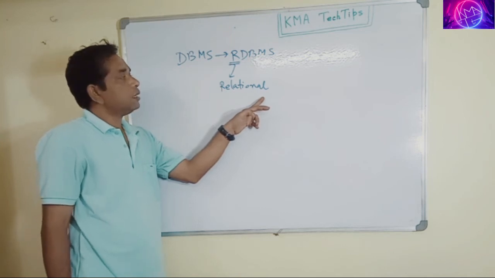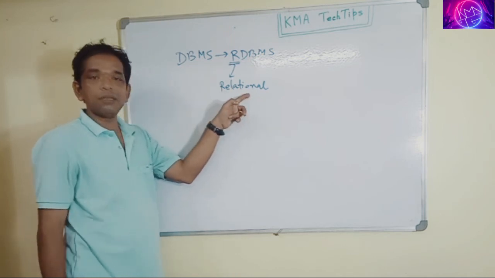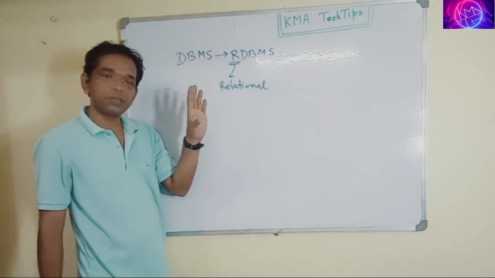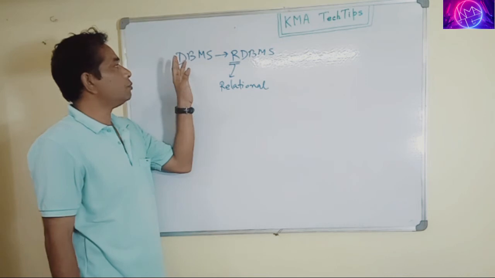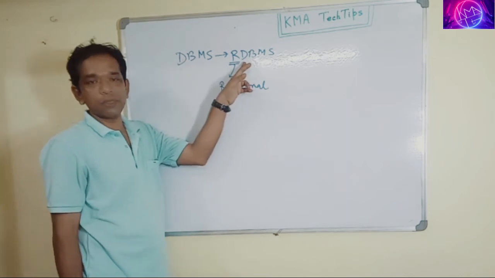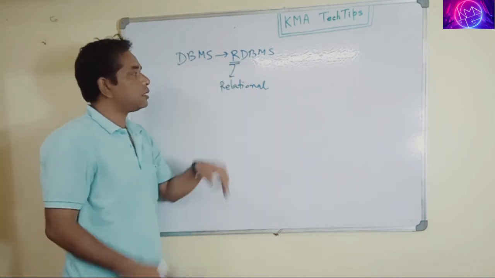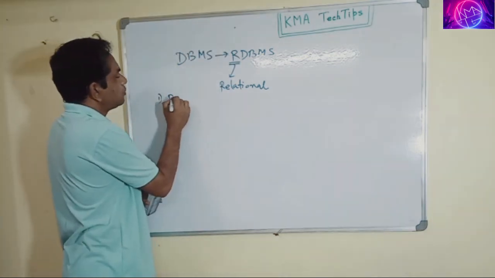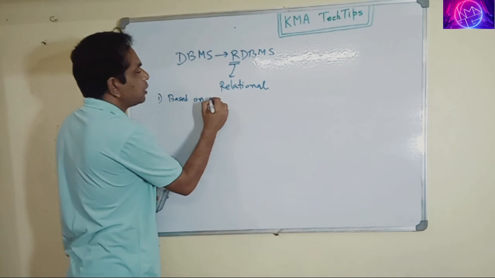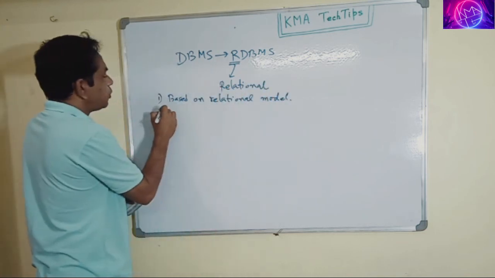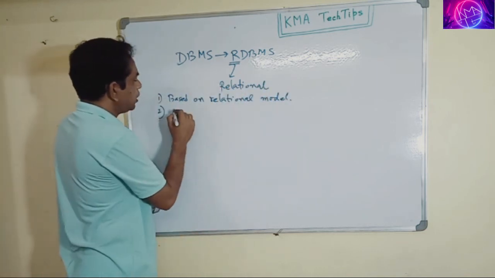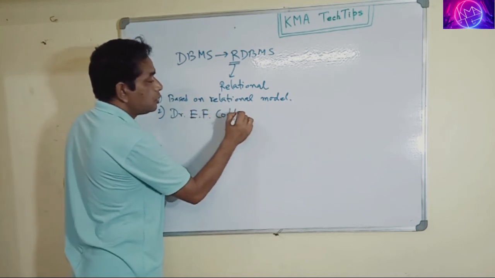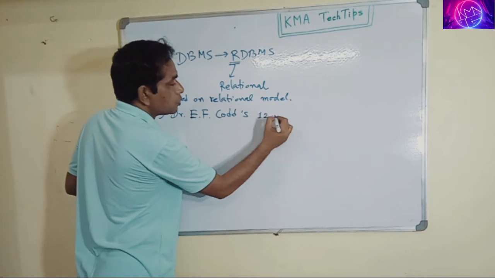Now, this is not the necessary and sufficient condition. Except this, one more important issue is to be considered for RDBMS. The first criterion is that the database system must be based on a relational model. The second point is Dr. E. F. Codd's 12 rules.